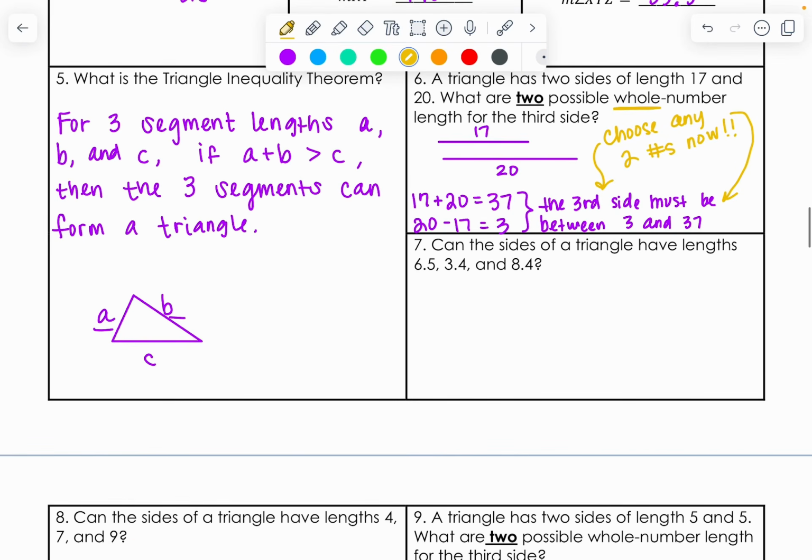All right, number 7, can the sides of a triangle have lengths 6.5, 3.4, and 8.4? So let's check it out. If we add these together, we get 9.9. Is that greater than 8.4? Yes, it is. So the answer is yes.